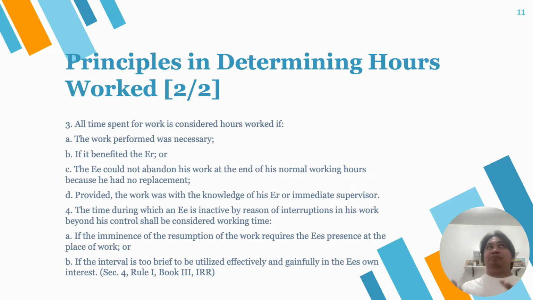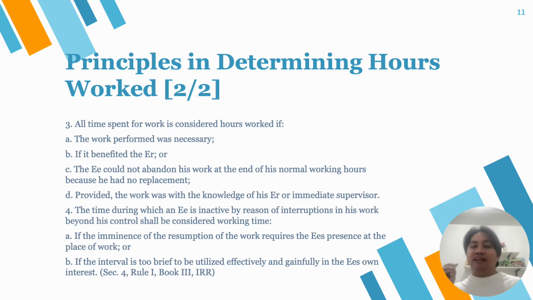So assuming you've completed your 8-hour work shift, but you can only leave if the person of the next shift arrives, because it's essential that there is a proper turnover of, say, the machinery or the equipment. And then the person from the second shift arrived late, 2 hours late. So you were forced to wait there until the next shift employee arrives in order that there will be proper turnover.